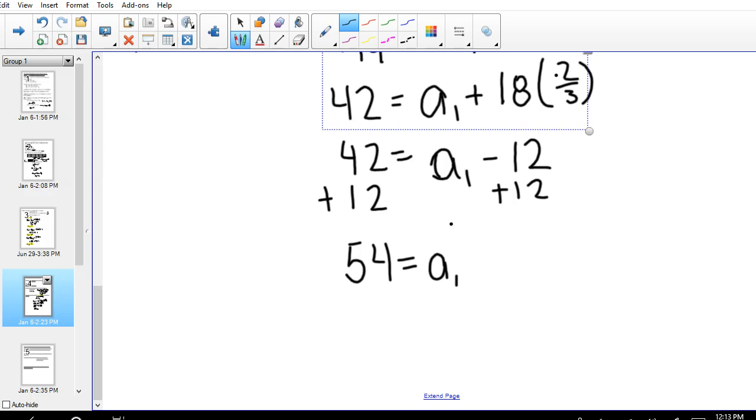But to me, I have a hard time counting backwards, and it's a lot easier to use the formula. But you don't have to necessarily. You could also check your answer by starting with 54 and subtracting 2/3 18 times until you get to the 19th term to see if you do get 42. And you will for this one. Okay, questions?